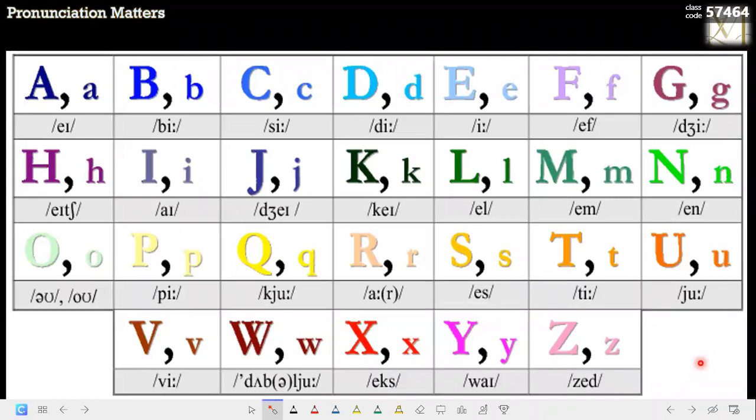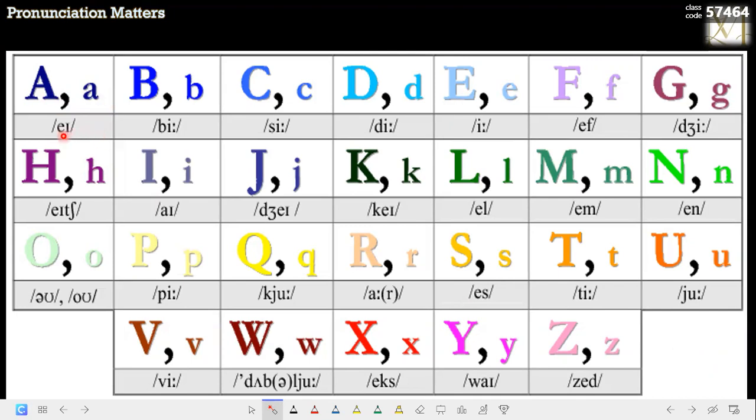Let's get started by reading the alphabet, the 26 letters in English. How are they correctly pronounced? Because some teachers and some learners of English mispronounce some of these letters, okay? If you look at this chart, you will see the letter in both upper and lower case, the capital and the small.